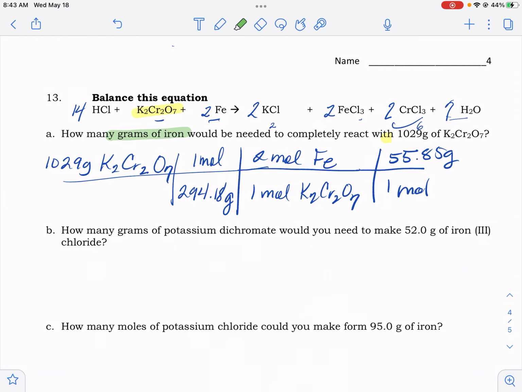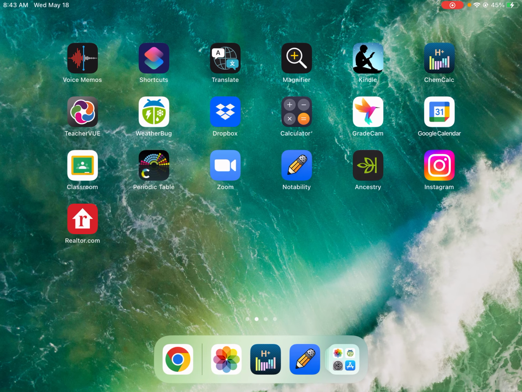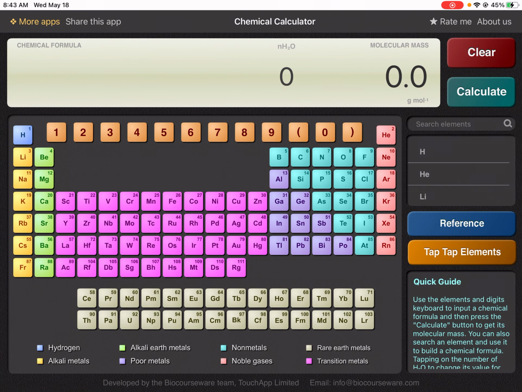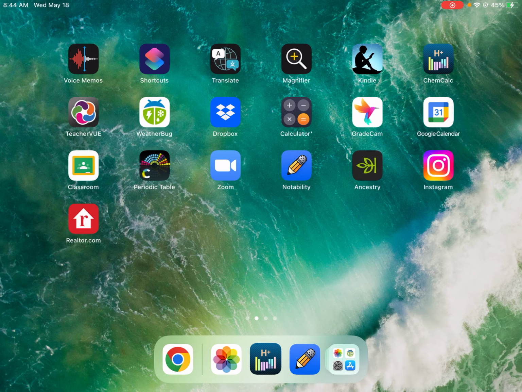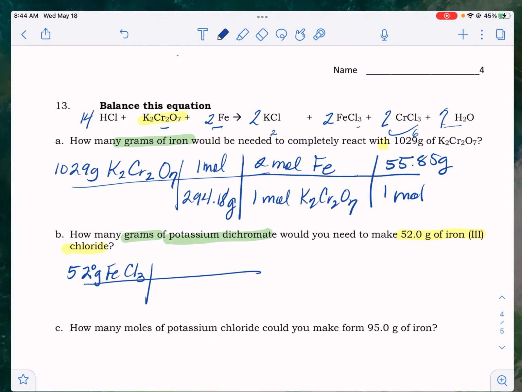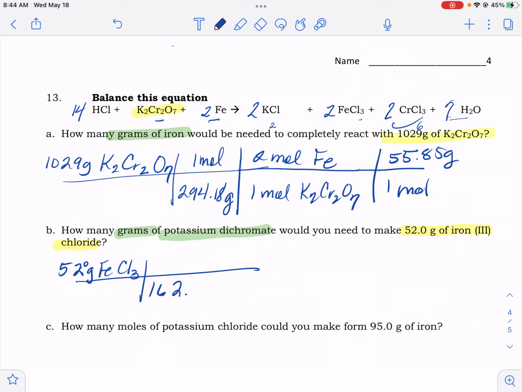Next question gives us 52 grams of iron 3 chloride and wants us to go back and solve for potassium dichromate grams. 52 grams of FeCl3, molar mass of FeCl3, 162.2, 162.2 grams in 1 mole.